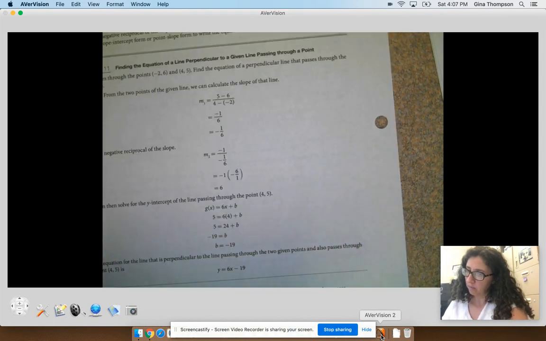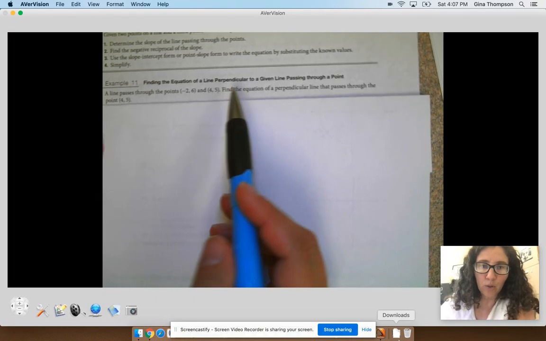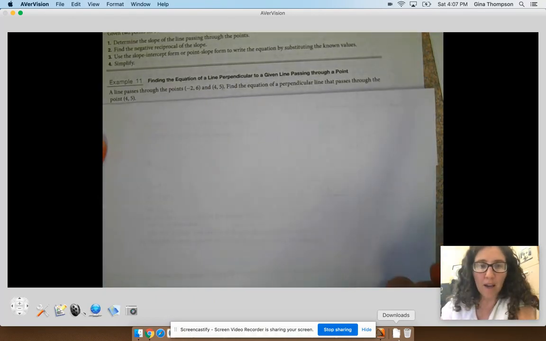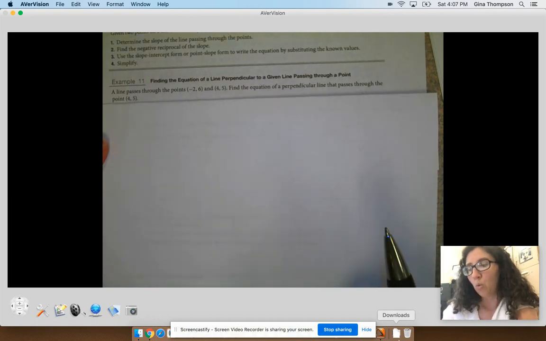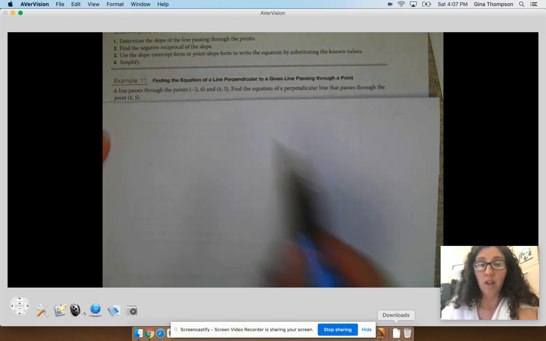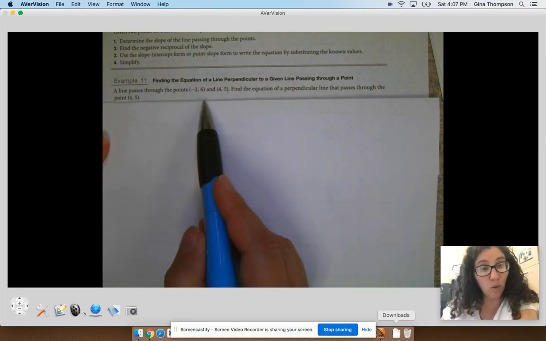Okay, let's do another one. Find the equation of a line that passes through the points negative 2, 6 and 4, 5. Find the equation of a perpendicular line that passes through that same point. Okay, well, this is a little bit harder because we can't just look and say, oh, the slope of the new line is going to be this, because we don't know what the slope of our original line is, right?